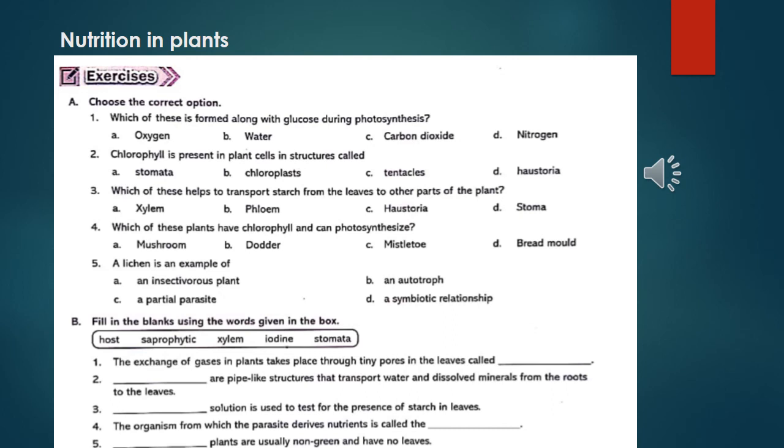This solution is used to test for the presence of starch in leaves. Answer is iodine solution. The organism from which the parasite derives nutrients is called the host. These plants are usually non-green and have no leaves. Answer is saprophytic.